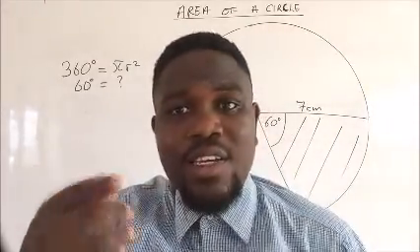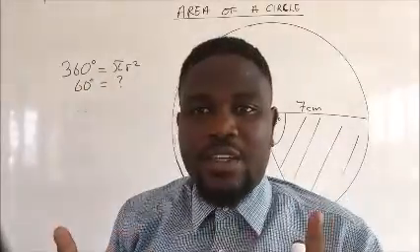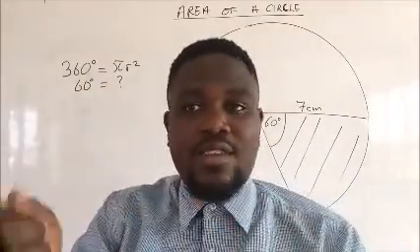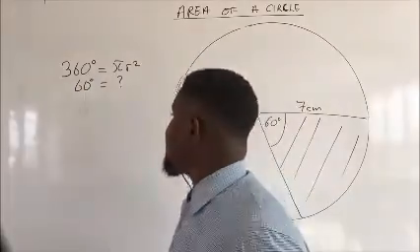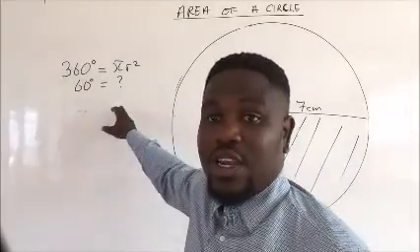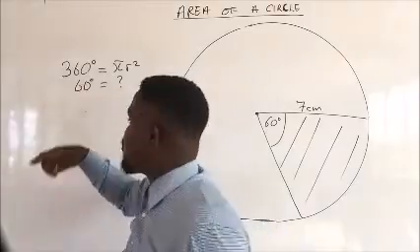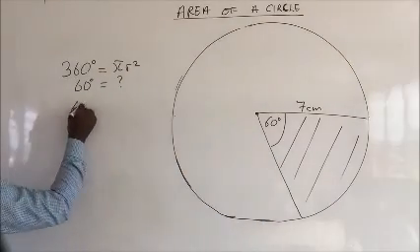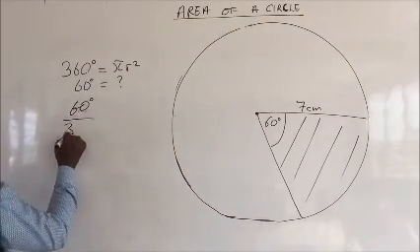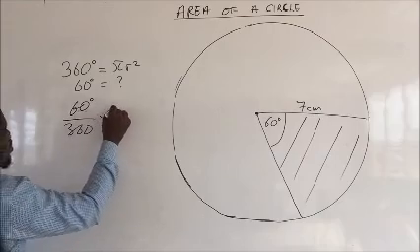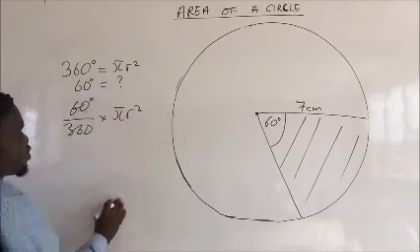So if less, then the more should divide. And if more, then the less should divide. But this time around, the 60 we are expecting to give us what? Less. So if less, more divide. So we are talking about 60 degrees over 360 times pi r squared.